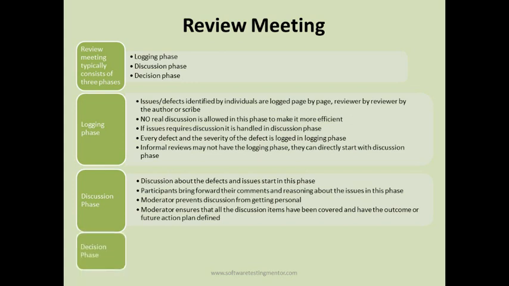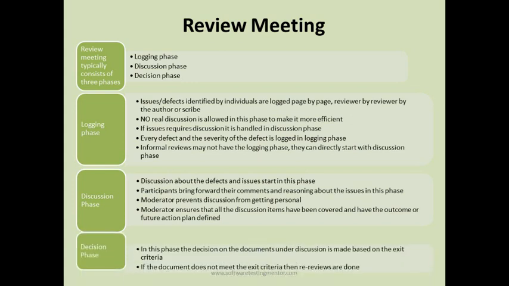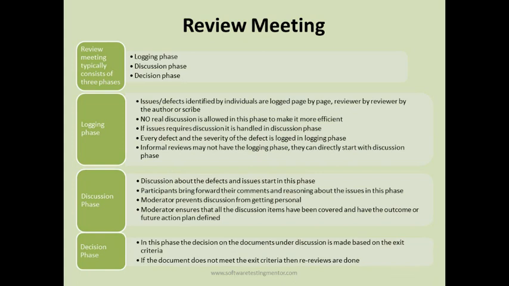Once discussion for those issues has been done, the third phase in the review meeting is the decision phase. So what happens in the decision phase? In this phase, the decision on the document under discussion is made based on the exit criteria.